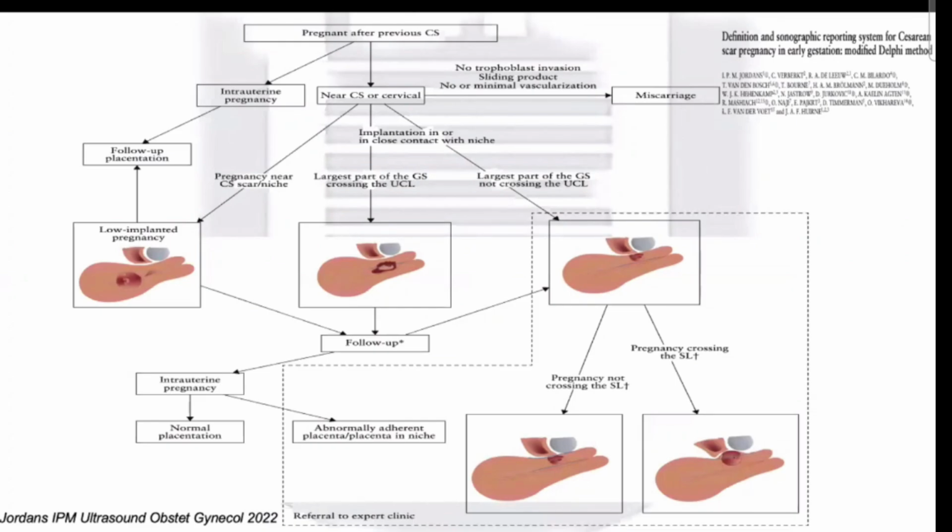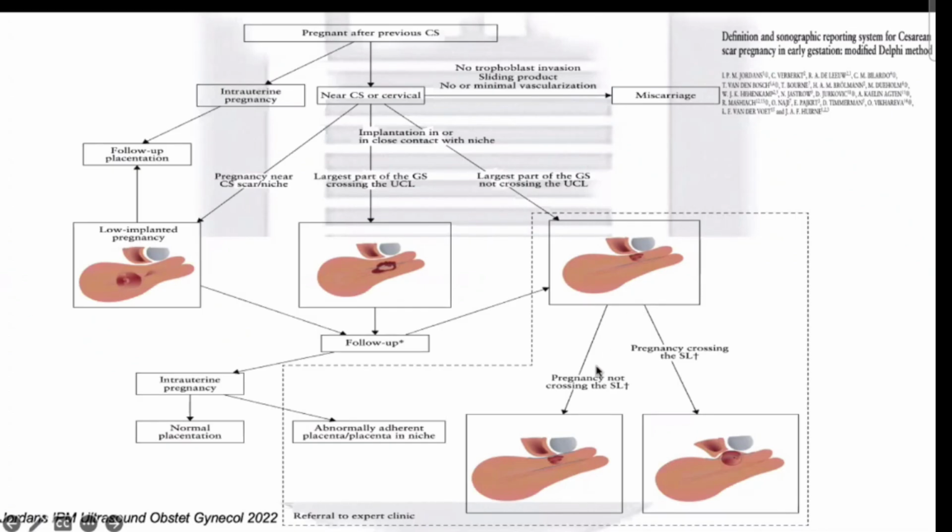So you understand that now the scenario is quite different, because it is not only a cervical pregnancy. We have to differentiate it from the scar pregnancy. We have to understand if the largest part of the gestational sac is crossing or not the uterine cavity line.